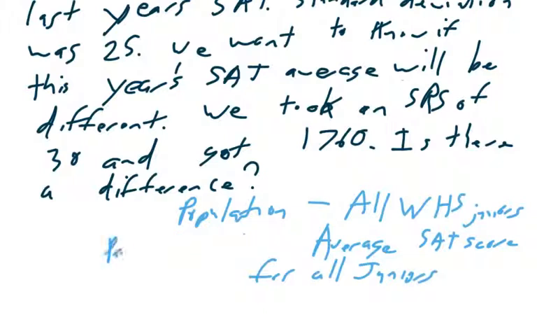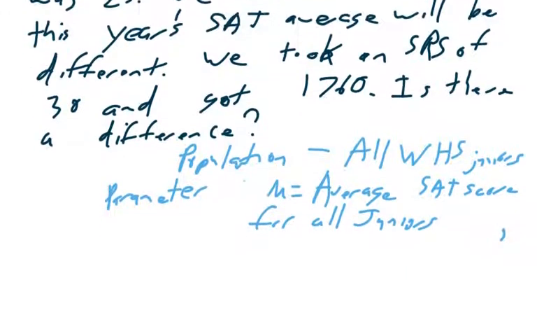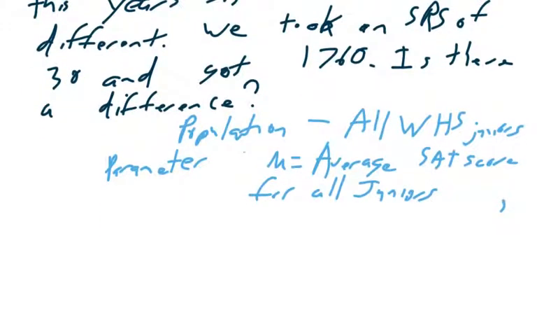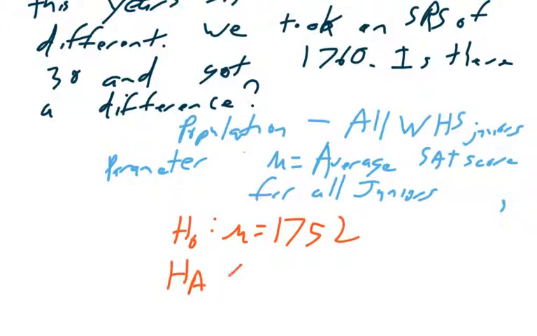So parameter, and I want to make this mu equals, because we're trying to figure out whether mu would be the same. And so my two hypotheses: my first hypothesis is that it did not change, and my second is that it did change. So it's not equal to 1752, because that's the old average.